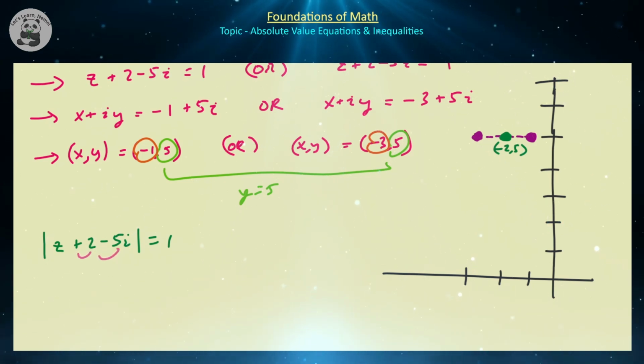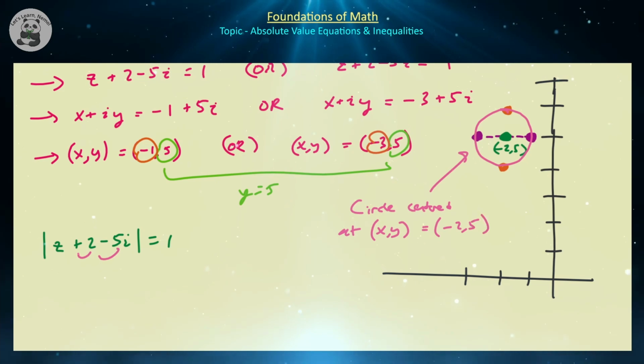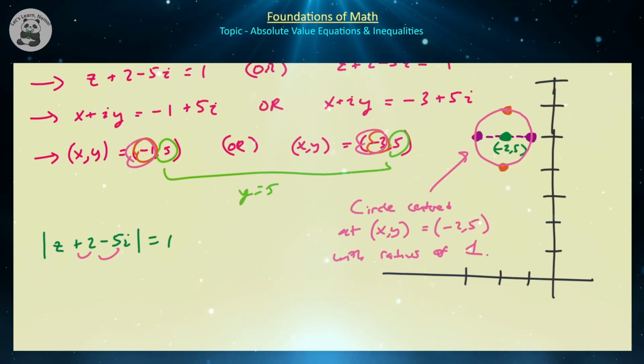So obviously if we go to the left 1, we can obviously go up 1 and also down 1, and that's going to form where all of our solutions are going to be located. Right? So this is just going to be a circle centered at x y equal to minus 2, 5, with again a radius of 1. And we got that radius of 1 from these two endpoints that are generated here.